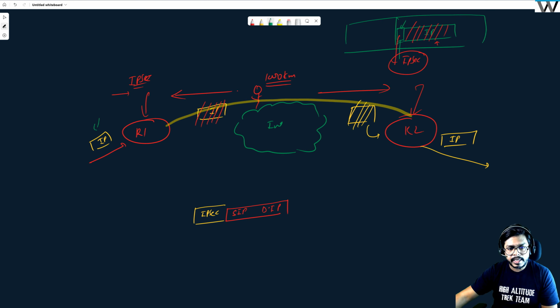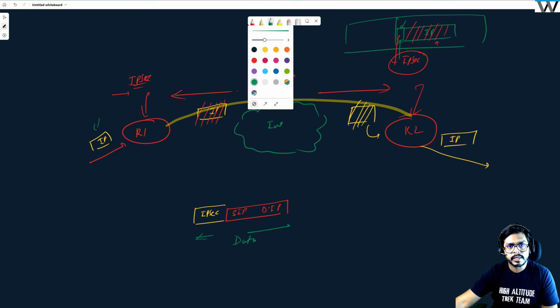Now this complete thing is going to be data for the outer IP packet. Let me draw it with some other color, maybe blue.